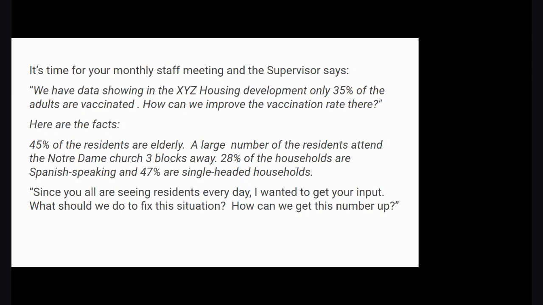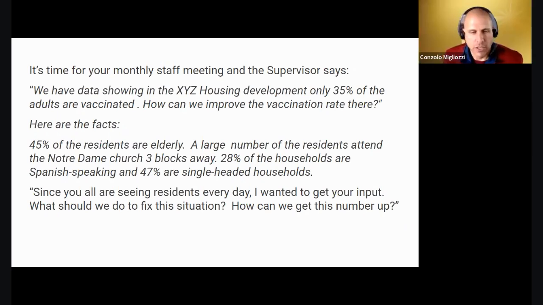A large number of the residents attend the Notre Dame Church, 3 blocks away. 28% of the households are Spanish speaking, and 45% are single-headed households. Since you all are seeing residents every day, I want to get your input. What should we do to fix the situation? How can we get these numbers up?